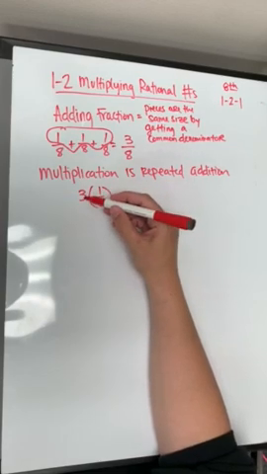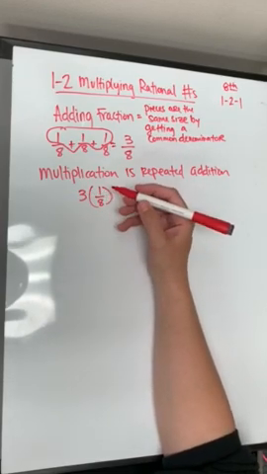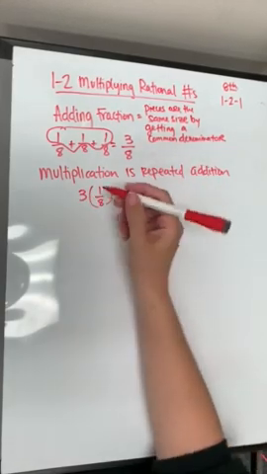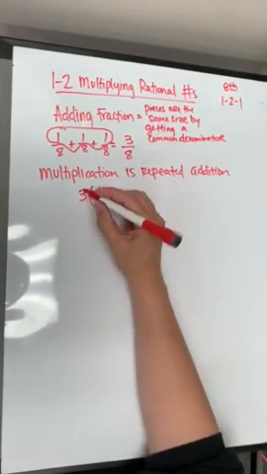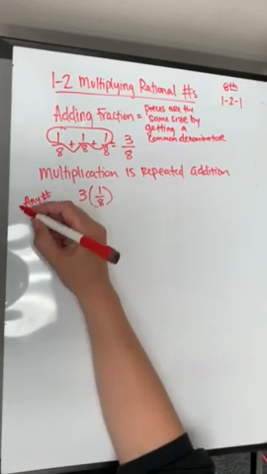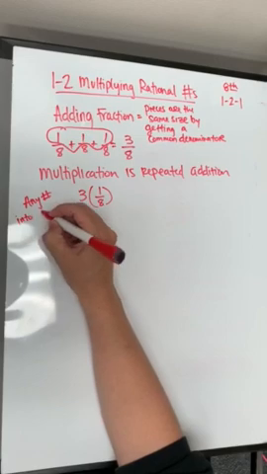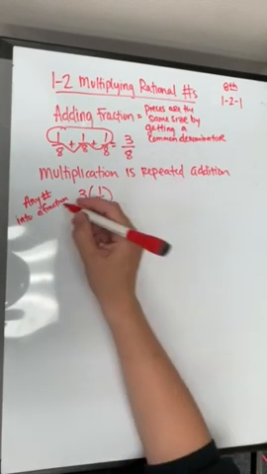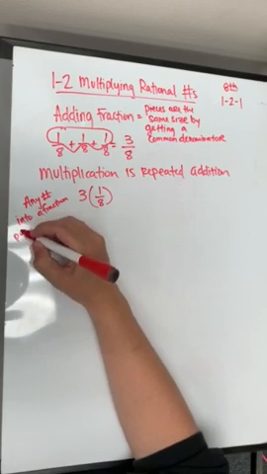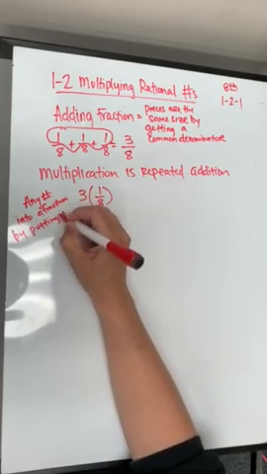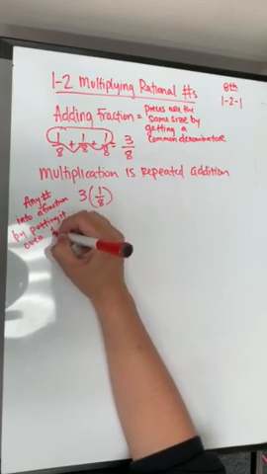And when I take a whole number and multiply it by a fraction, I want to get this whole number into a fraction because it's the easiest thing to do. I can take any number and put it into a fraction by putting it over 1.